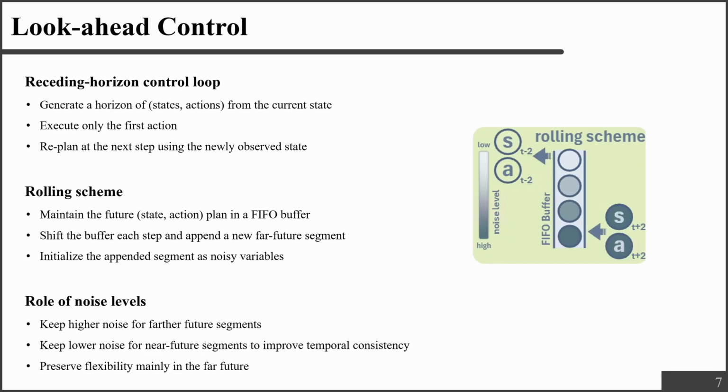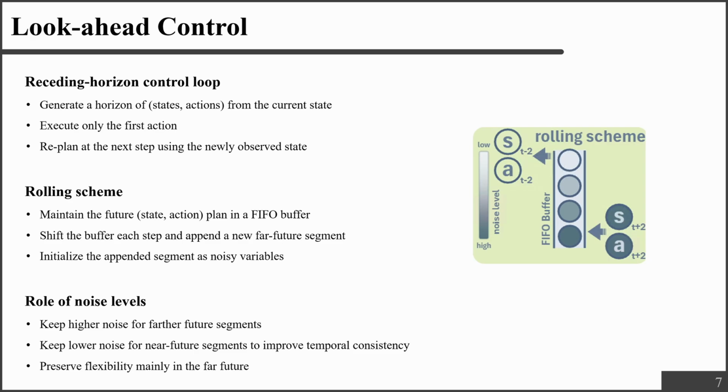This slide explains how Diffuse-CLoC runs as a look-ahead controller and why it introduces a rolling scheme. The controller uses a receding horizon loop.